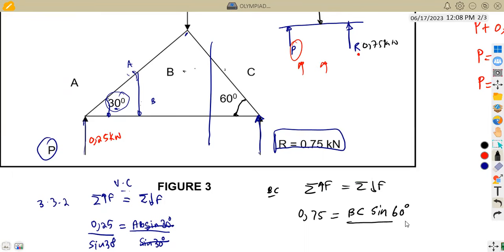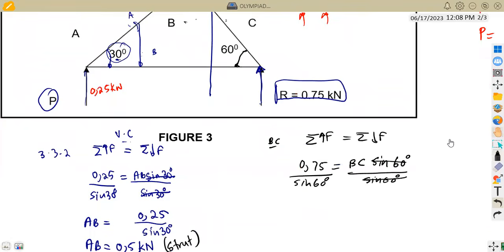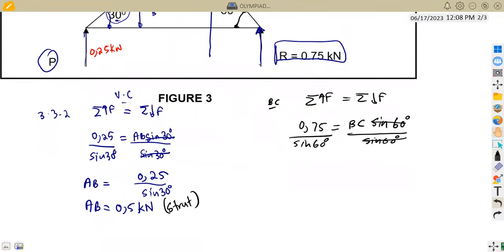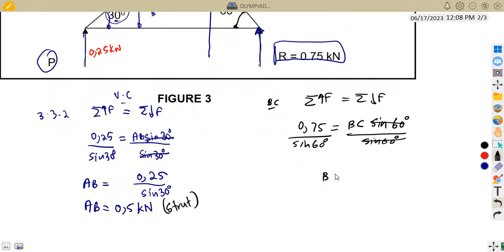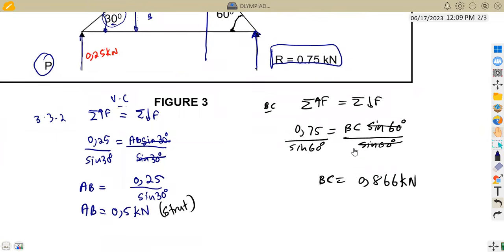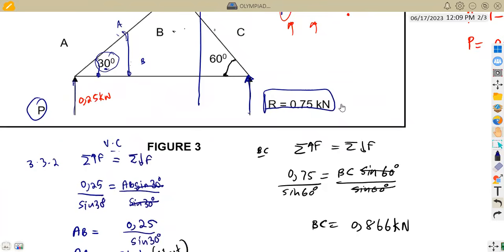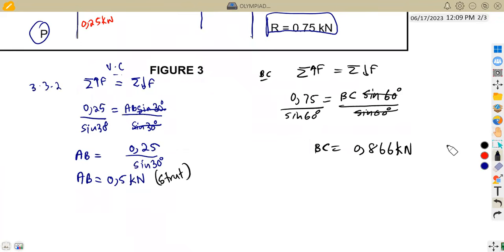If we divide by sine 60 both sides, we obtain the value of BC, which is 0.866 and so on in kilonewton. As we can see, BC and AB are the same, so this is still a strut.